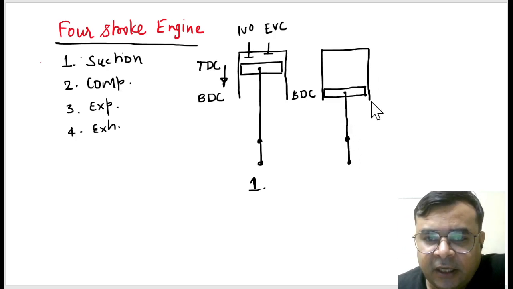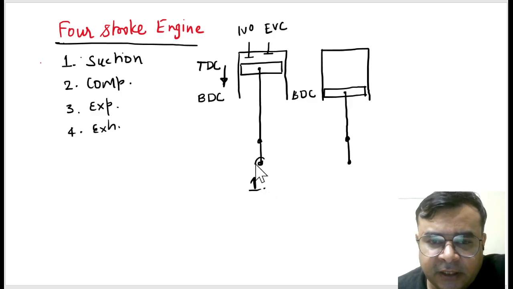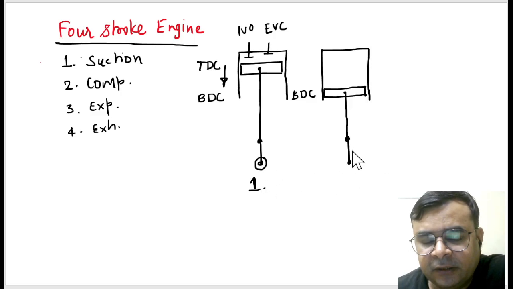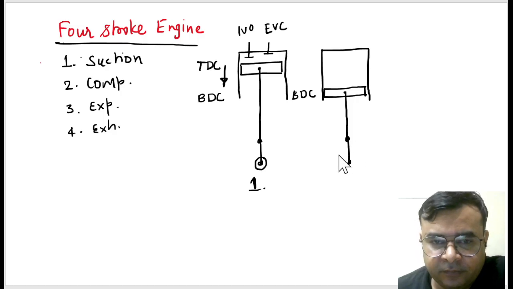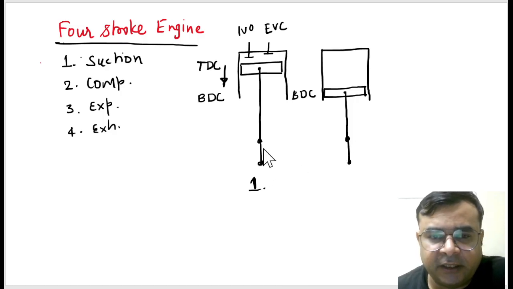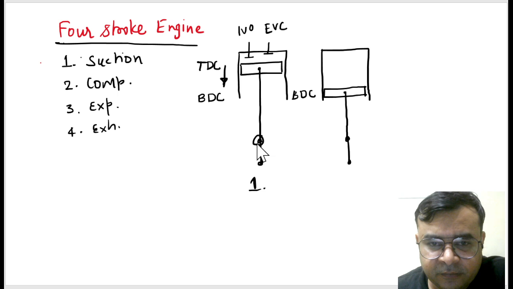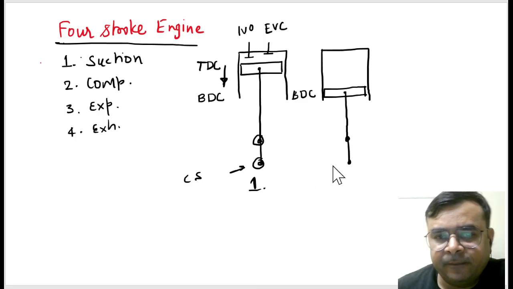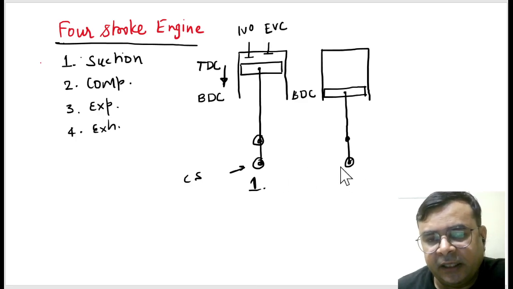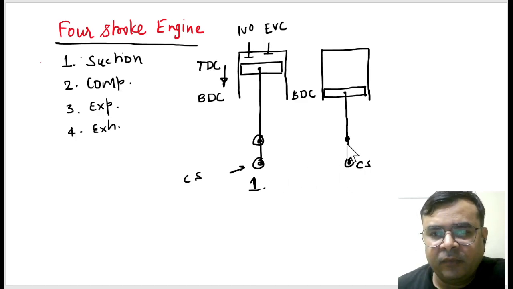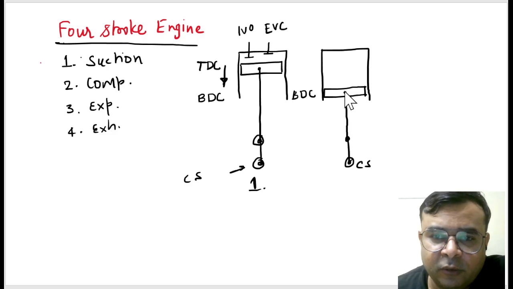Is it right? And remember, this is a crankshaft. Are you getting my point? Sorry, this is not a crankshaft. Here we have a crankshaft. So here we have a crankshaft in which crank and connecting rod both overlap.